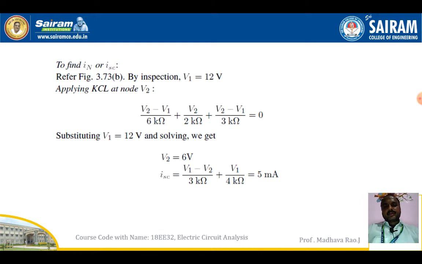Substituting V1 equal to 12 volts, then V2 is equal to 6 volts. So we can find out ISC is equal to 5 milliamperes.